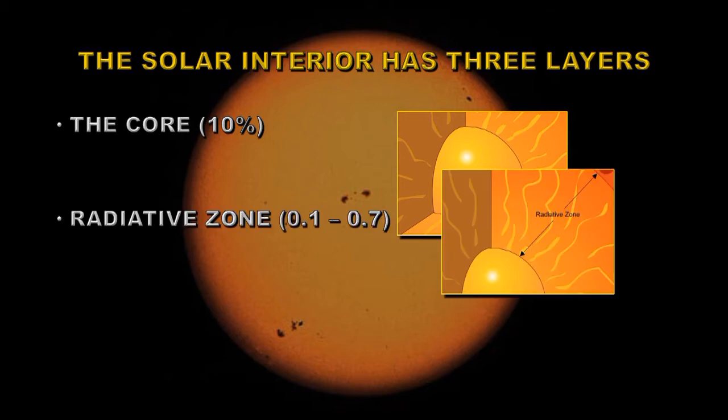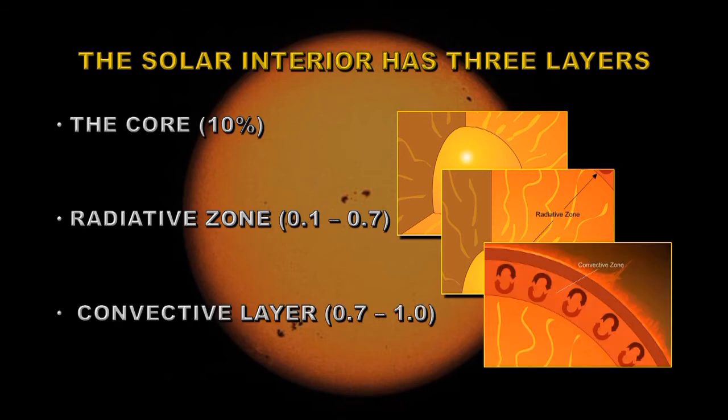Above that is what's called the radiative zone, which stretches from about 0.1 of the radius to 0.7 of the radius of the star, and that is the volume where radiation, i.e. photons, are the primary method of transporting energy out from the core of the sun. The third layer is the convective layer, which stretches from about 70% of the radius of the star to the surface. And here convection is the primary method of transport of energy to the surface of the star.